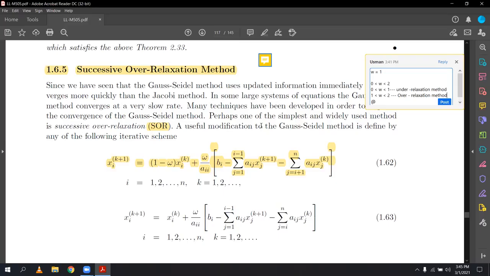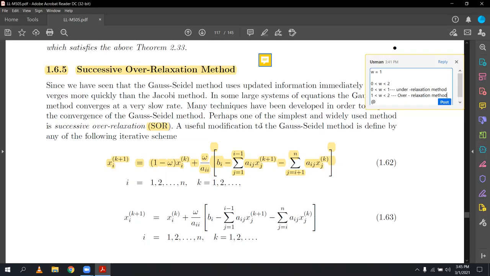But this small modification does only one job. It can make slow convergence faster, but it does not guarantee that if your Jacobi method diverges, it will converge. No, the modification does not give you the guarantee of going from diverge to converge.